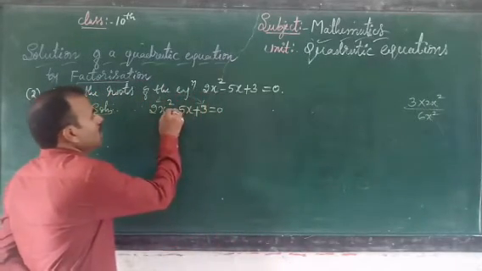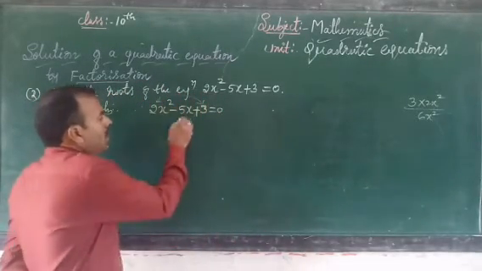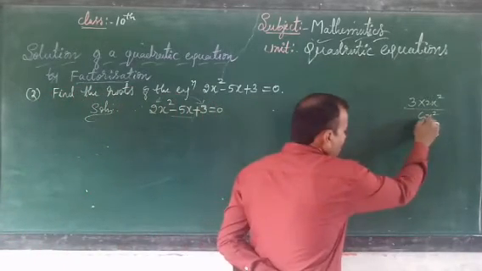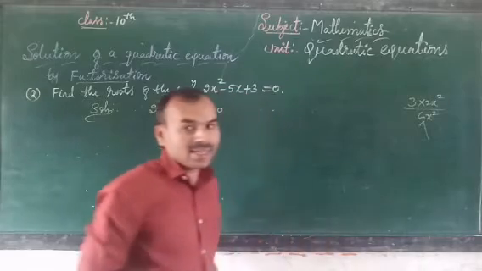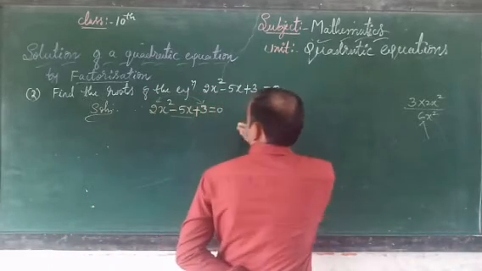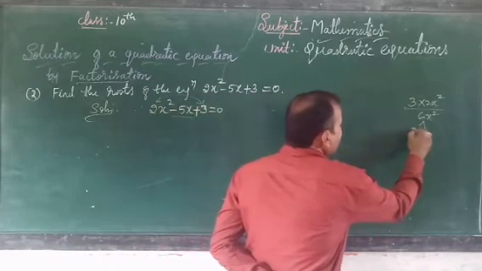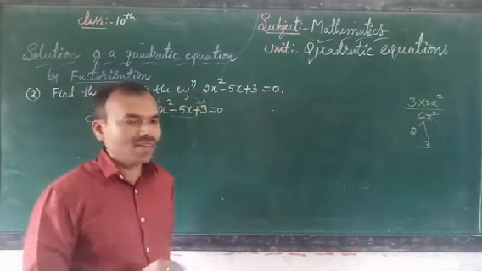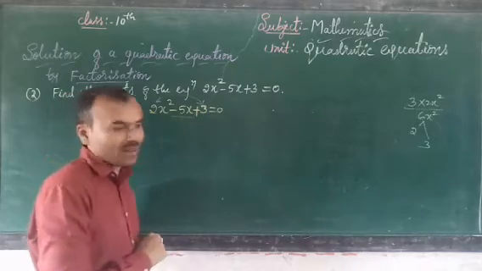Next, here minus 5x is there, and split the product 6x square. Here 5 is there, so two terms: 2 threes are 6 and 2 plus 3 is the middle term 5.